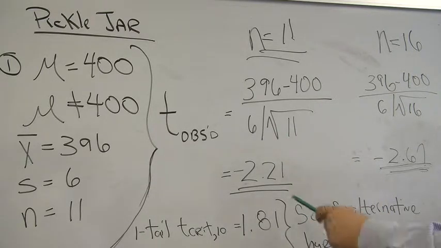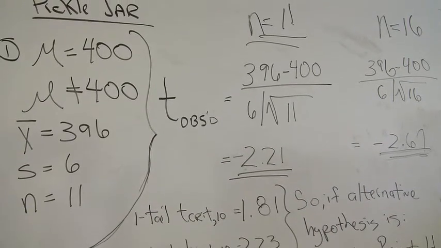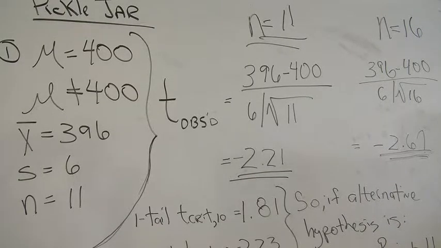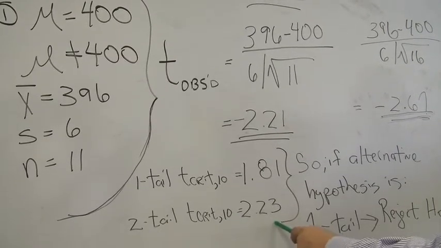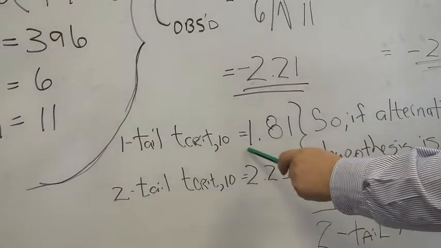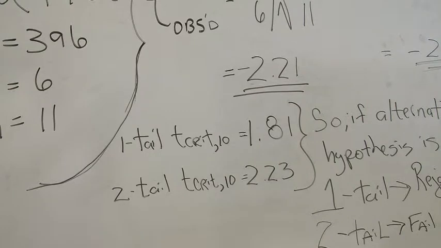You can work through the arithmetic, but my calculation brought us down to an observed t-value of 2.21, actually negative 2.21. Now, since I did a two-tail alternative, my critical t-value with 10 degrees of freedom was 2.23. For those of you who did a one-tail, I think your critical value would have been 1.81.